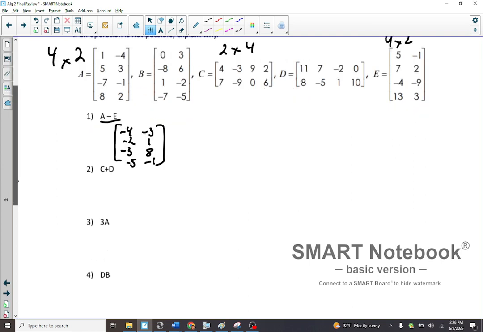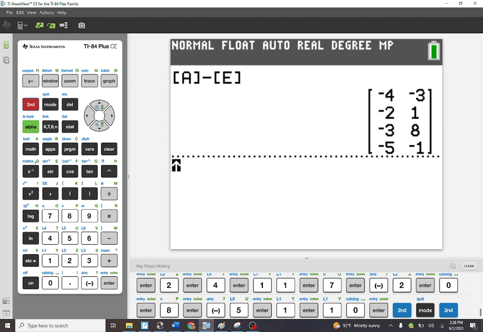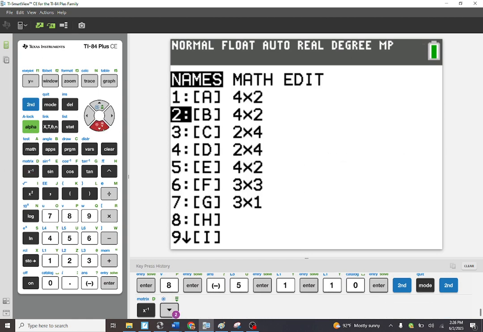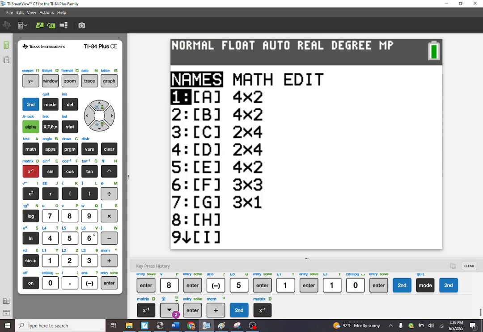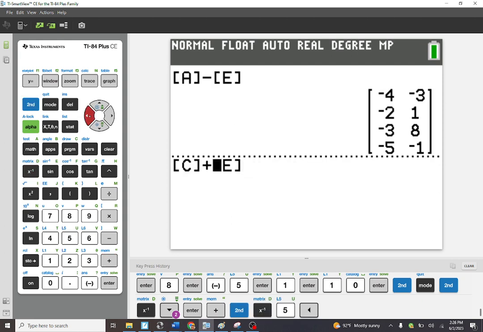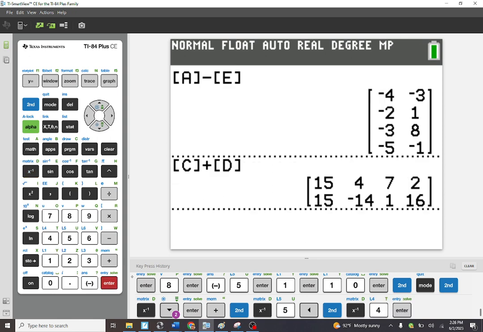But what it allows me to do now is, if I have C and D here, all I have to do is go to second matrix, go to C, and do plus second matrix D. There you go. And then it gives me 15, 4, 7, 2, 15, -14, 1, 16.